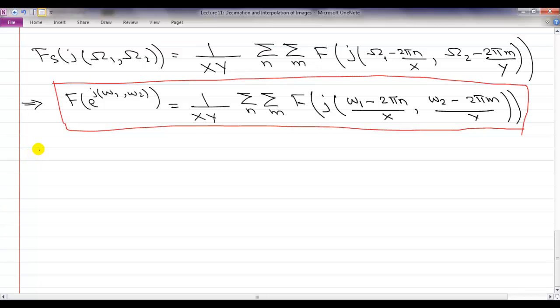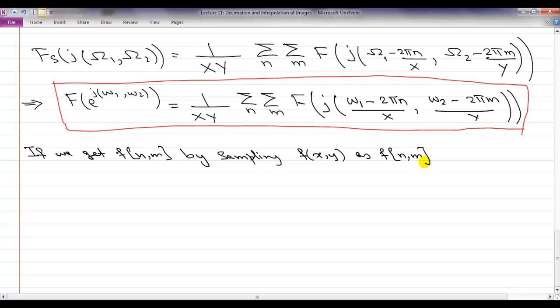But if you want to understand what this means, we have these two or three steps. If we get f[n,m] by sampling f(x,y), with sampling intervals X and Y, so f of nX, mY, then the Fourier transform of f[n,m] is related to the Fourier transform of f(x,y) in the following way.